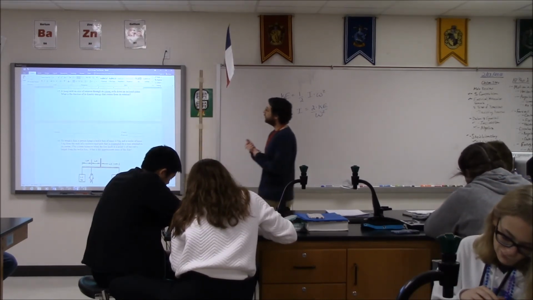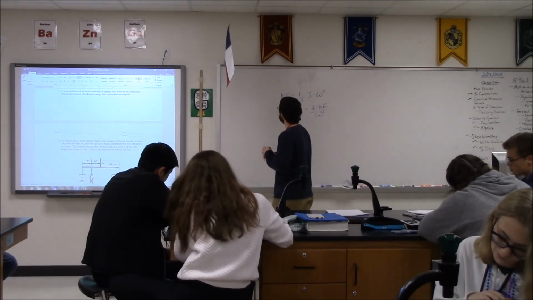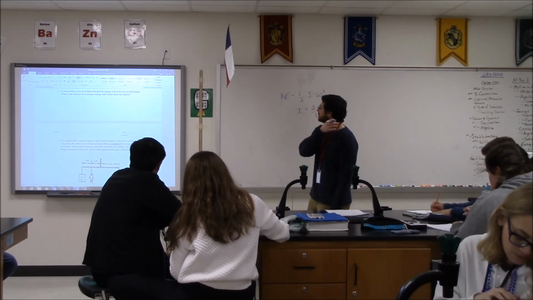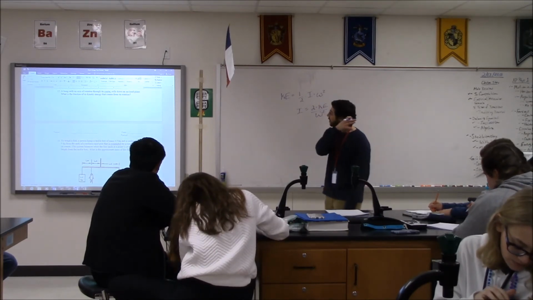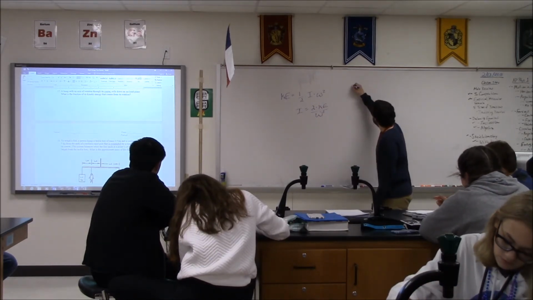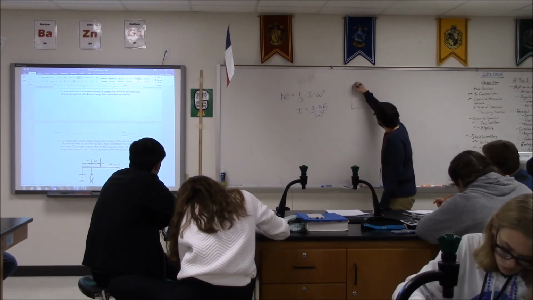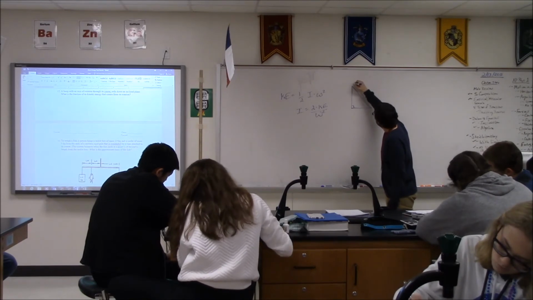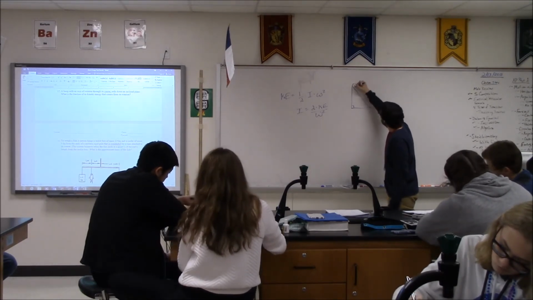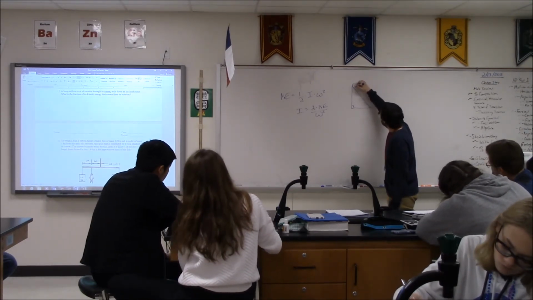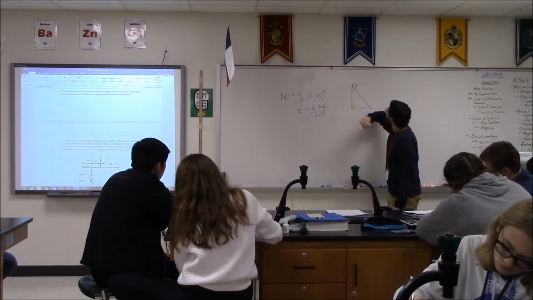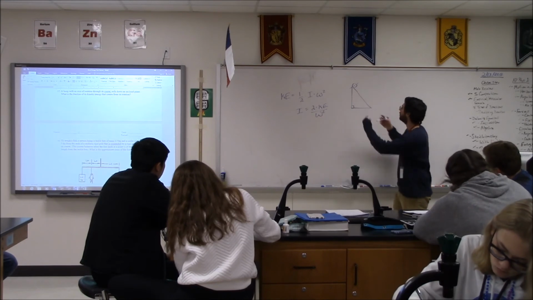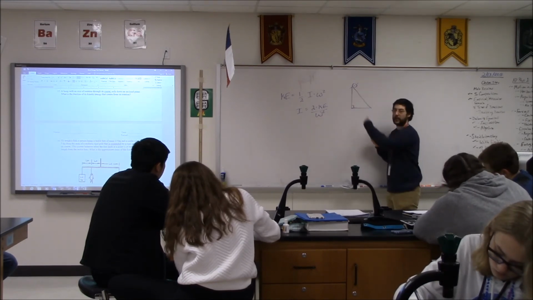A hoop with an axis of rotation through its center rolls down an inclined plane. What is the fraction of its kinetic energy that comes from its rotation? Okay, so axis of rotation through the middle of the hoop there, okay?